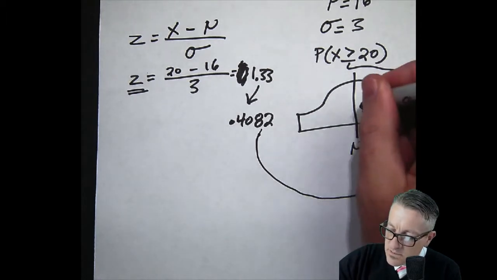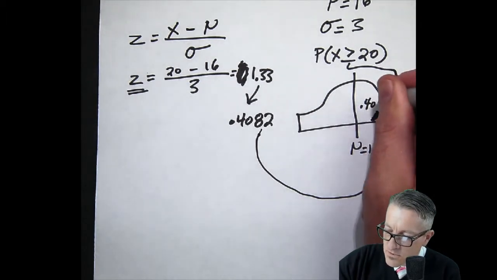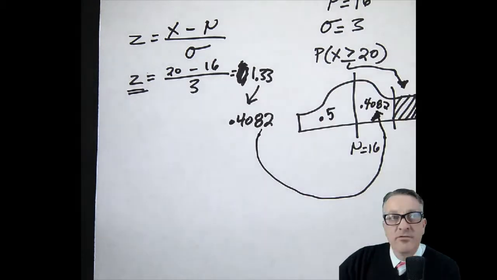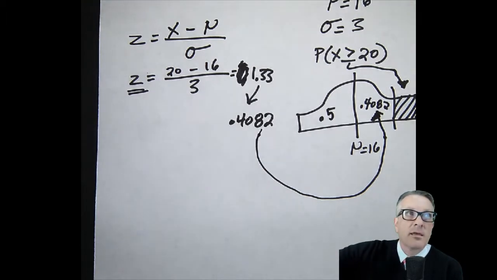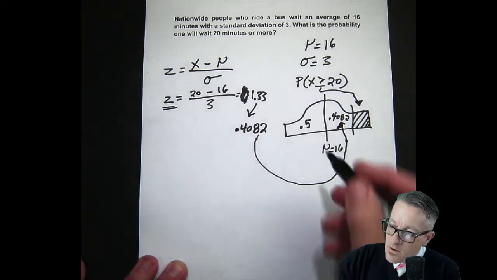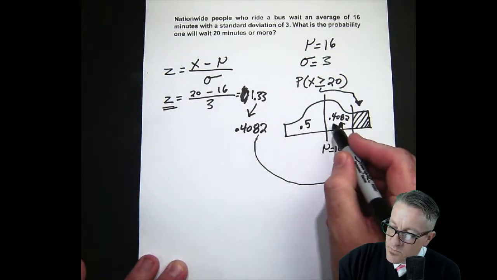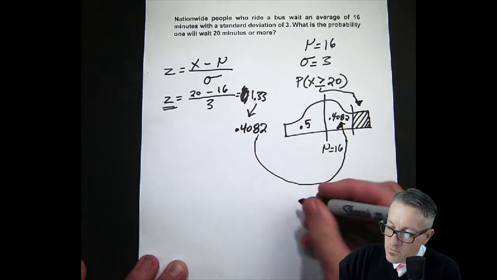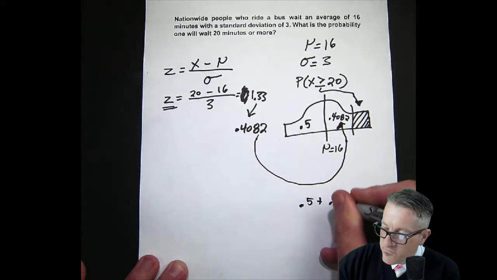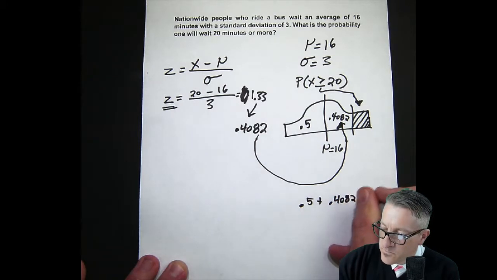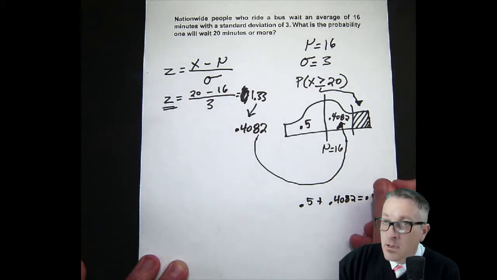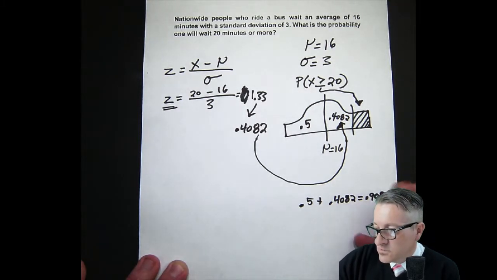So if we know this is 0.4082, this is 0.5. I'm going to back it up just a little bit. So once we know that this is 0.5, this is 0.4082, we can solve this. We take 0.5 plus 0.4082, we add them up, and we end up with 0.9082.